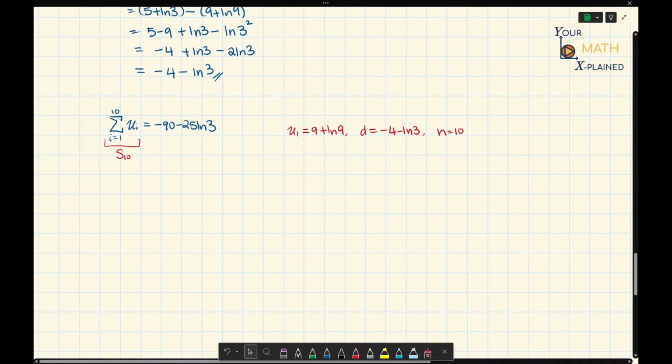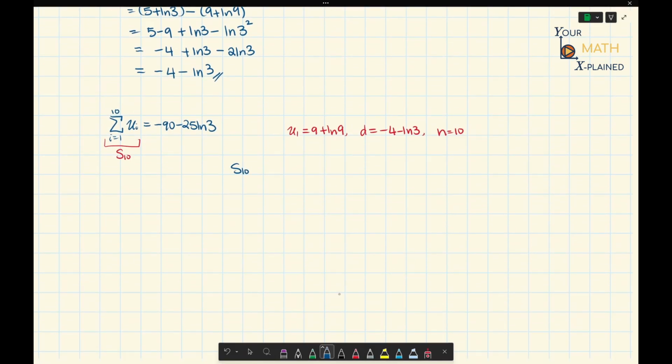So we get s sub 10 is equal to n over 2, so that'll be 10 divided by 2, times 2 times u sub 1, so this is 2 times (9 plus ln of 9), plus n minus 1 times the common difference d, which is negative 4 minus ln of 3.